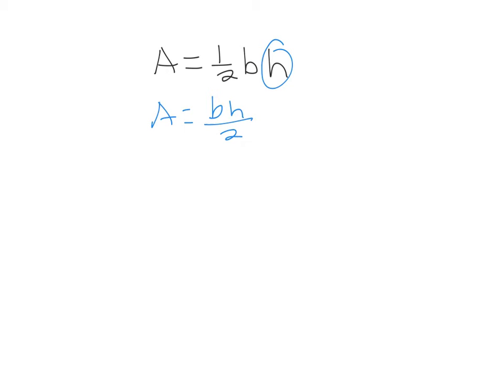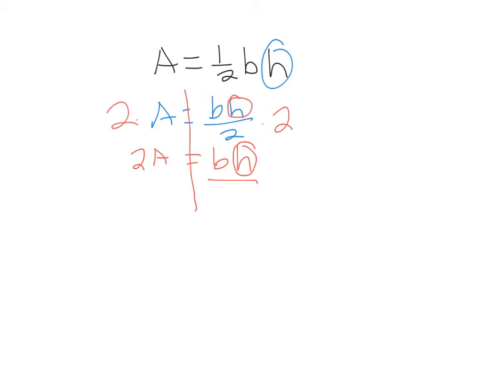But we're solving for h, so let's circle the h here. How do we get rid of the 2? Since it's division, we're going to multiply both sides by 2. So we get 2A equals bh.